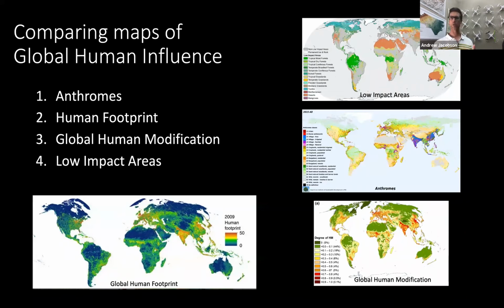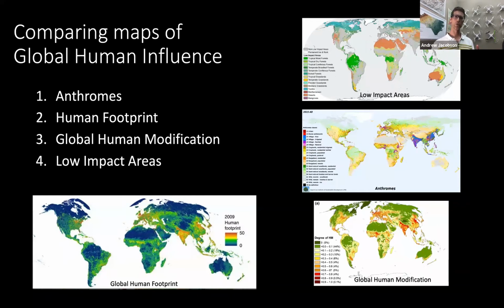Those initial attempts were often hand-drawn, relying on coarse data or old data sets. Over time, the maps have become increasingly better, thanks to satellites and increased computing power. And today, there are a number of recent global maps documenting different levels of human impact that we can choose from.